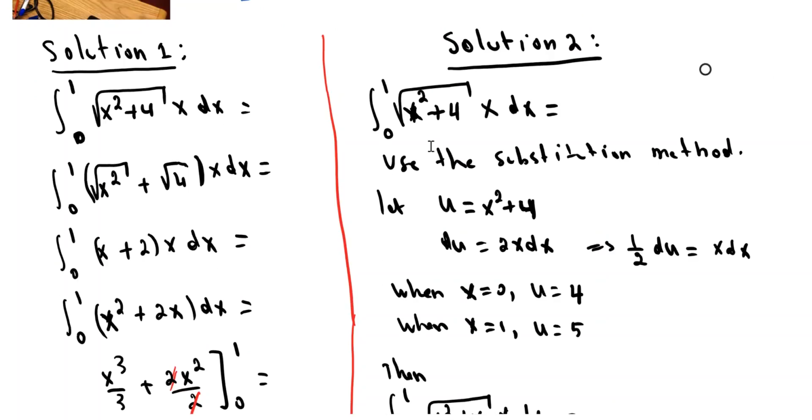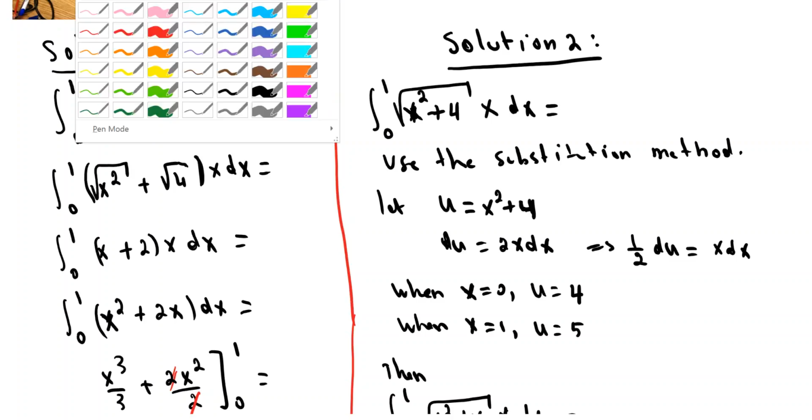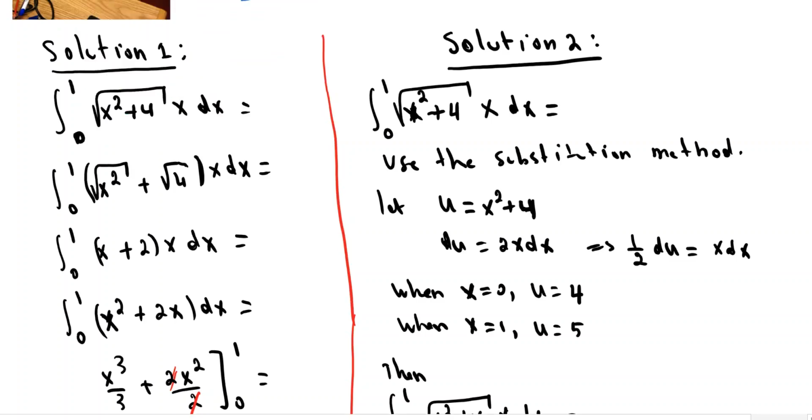So this person basically did the distribution of the square root to x squared and to 4. So this person ends up with the square root of x squared plus square root of 4.